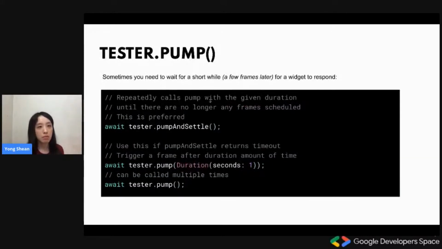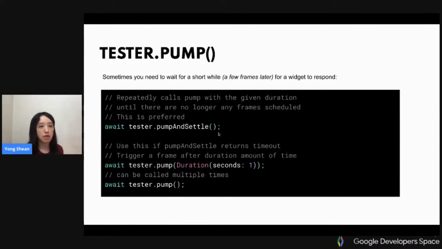So just now I talked about the tester.pump. So sometimes you will need to run the tester.pumpAndSettle. So if you have a series of events running in the widget, then after you have performed certain actions like tester.tap or tester.drag, then if you are expecting some state changes or some widget changes, then you should run the tester.pumpAndSettle.